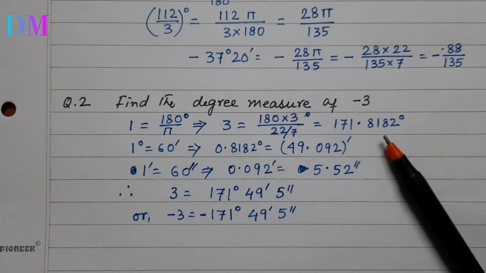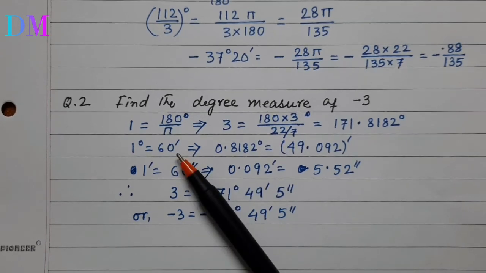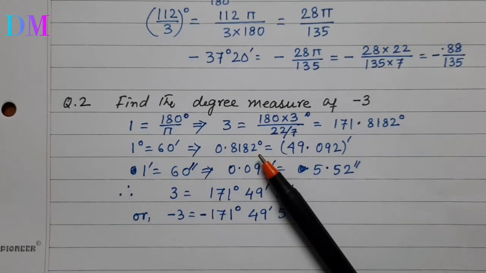So after calculating this we get 171.8182 degree. Now if we consider the fractional part, that is 0.818 degree, we need to find out the equivalent minutes. We know that 1 degree equals 60 minutes.